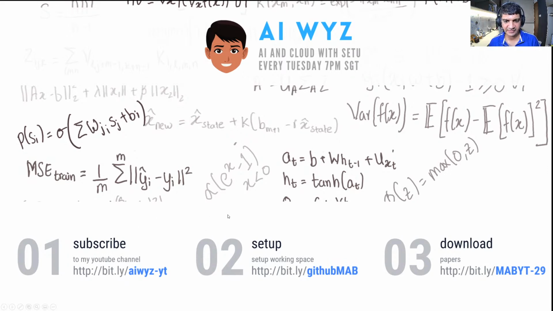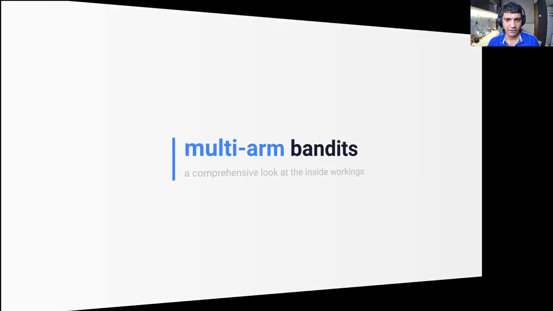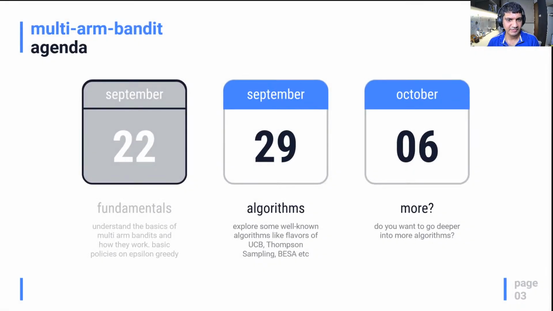All right, let's get started. These two sessions that we are doing are around multi-armed bandits, and we will look at the definitions of what multi-armed bandits are and how they play a role in reinforcement learning. This is our second lecture. Last time we covered a few of the fundamentals. Today we are going to look at our algorithms.